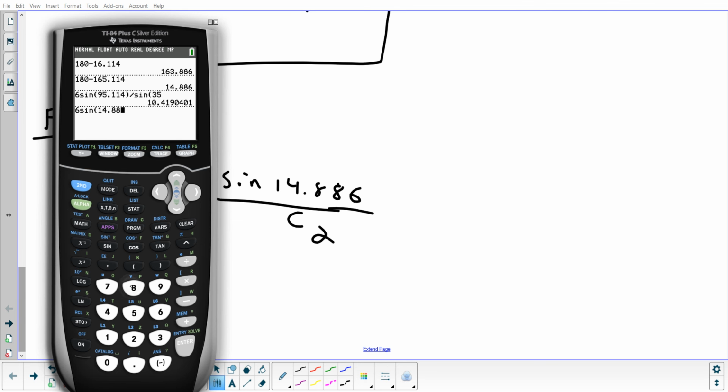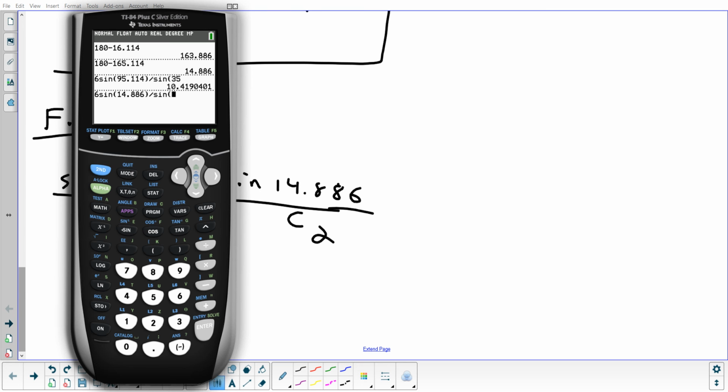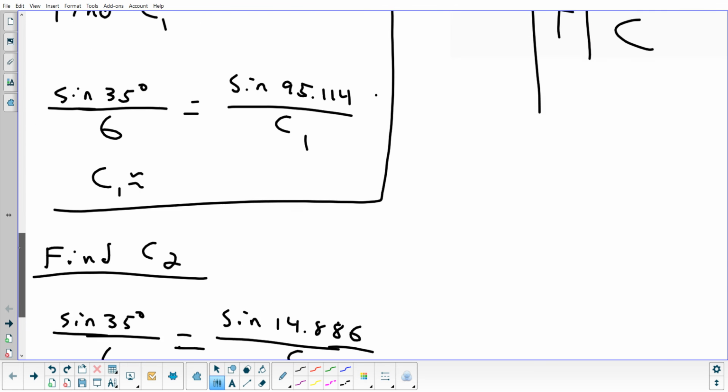Might be quicker if you just pull up the last thing you typed in and just edit it, or you can just retype it like I did. So that gives me 2.687.